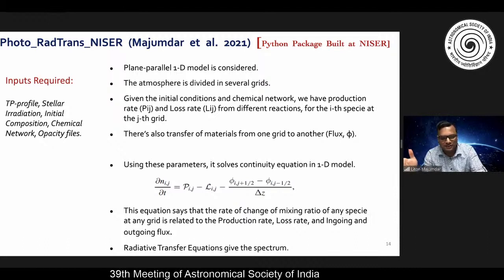End of the day, it depends on what you start with, and you have to fit the spectrum that is coming from facilities like HST. So the answer is yes or no, both. We can do it together.